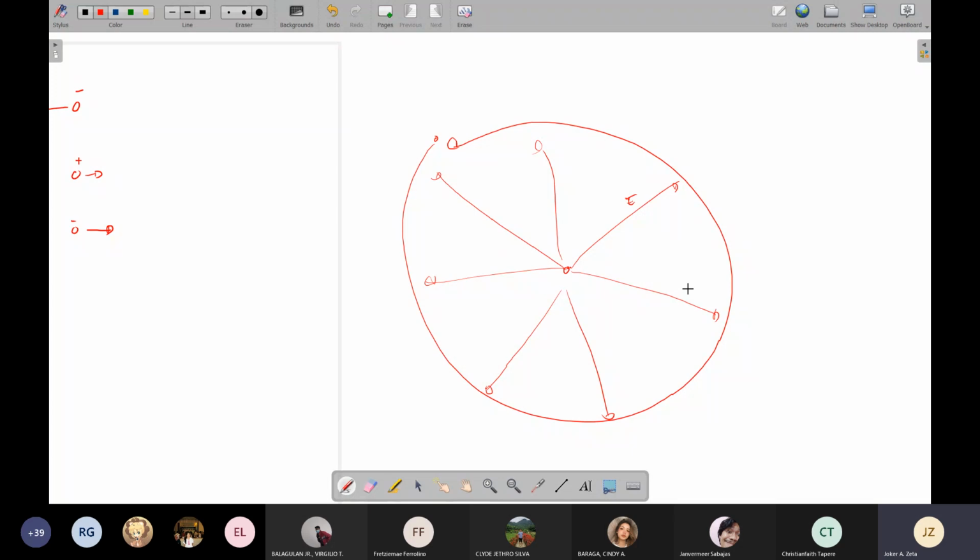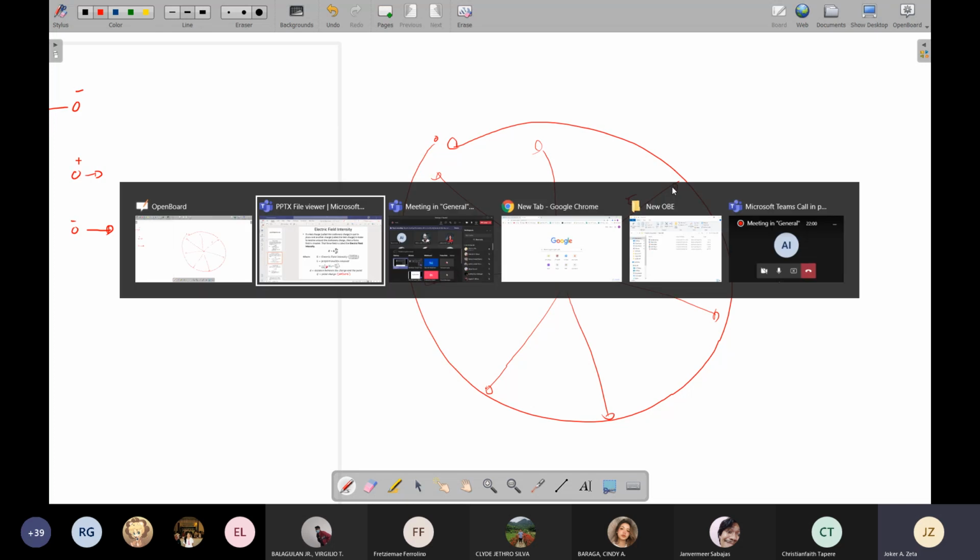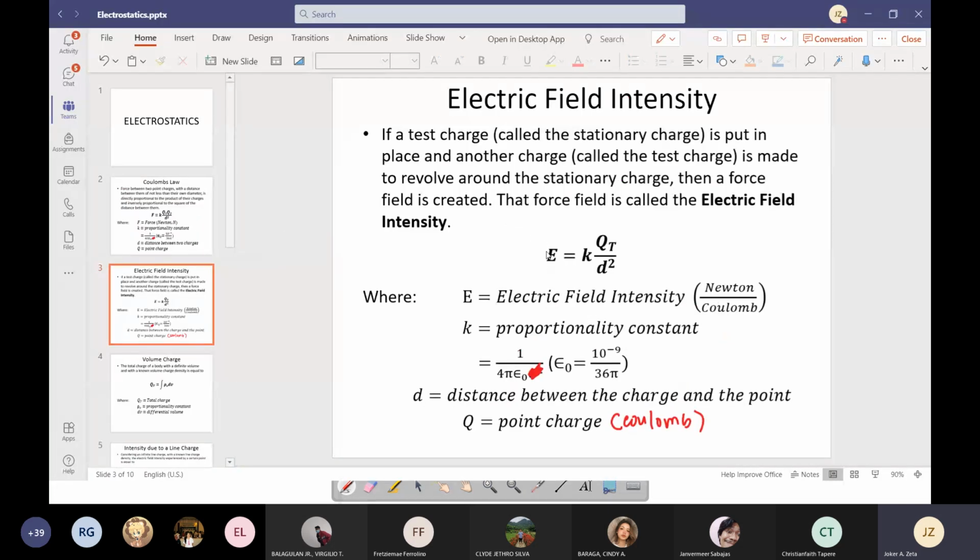So, in what happens in electric field intensity, technically it's the same as Coulomb's law, you have two charges. But the difference from Coulomb's law is that in electric field intensity, one is stationary and one is revolving around. Solving for the electric field intensity generated by the charge rotated around the stationary charge, you can see the formula here: the constant times the charge, or the test charge, divided by the distance squared.